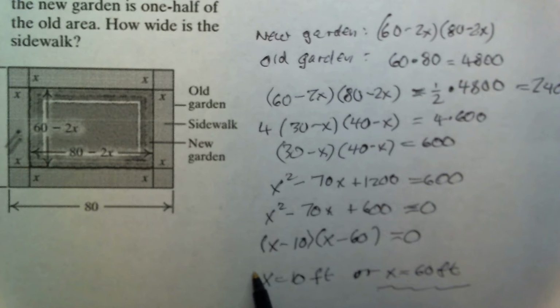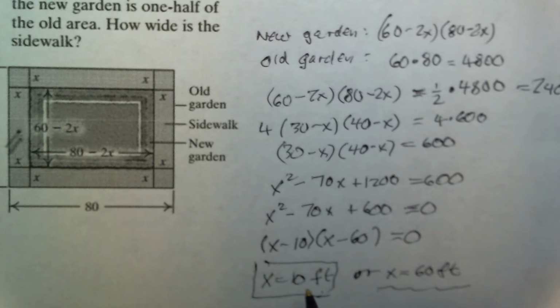So the only solution we have is x equals 10, and so that is how wide the sidewalk will be, 10 feet wide. So when it comes to application problems, in some cases both solutions make sense. In other cases, only one solution makes sense, or maybe none, but in this case one makes sense. So always evaluate your solutions.